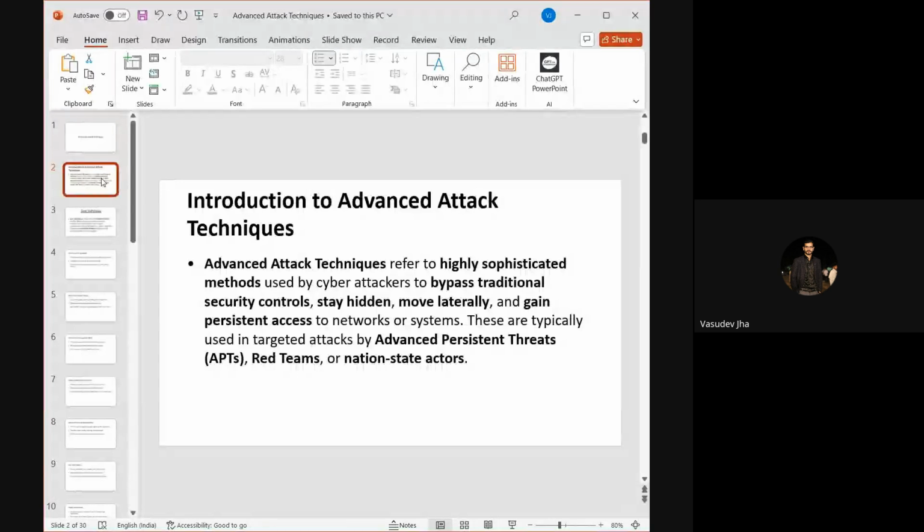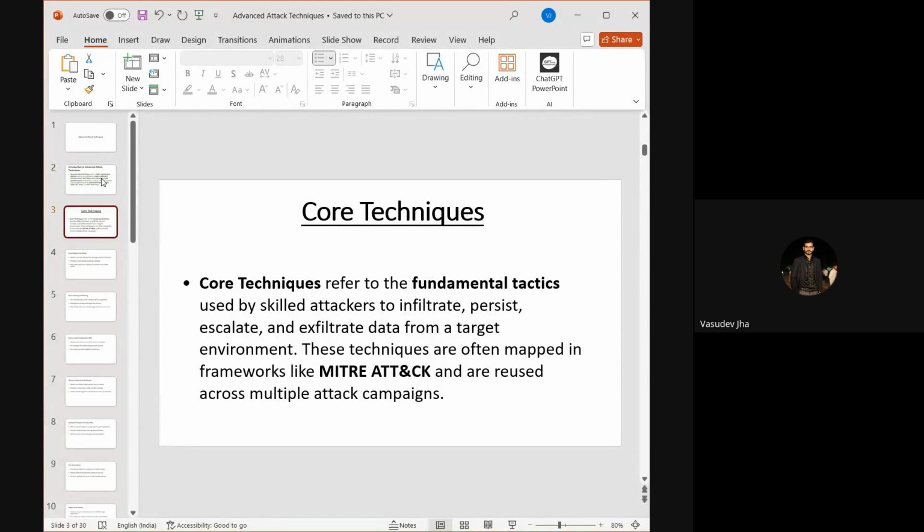Then the red teams. We have a concept of red team. Red teams also use these techniques. Nation state actors, we usually call them state-sponsored hackers, are using this. Now, what are the core techniques?